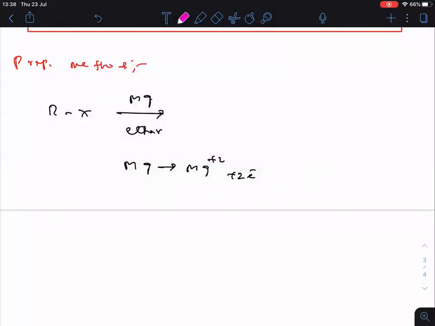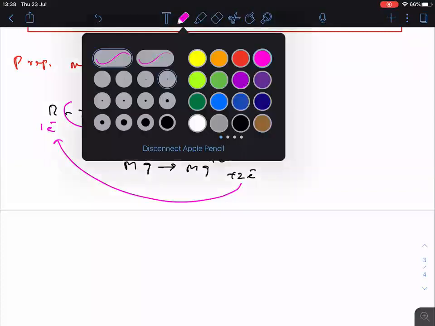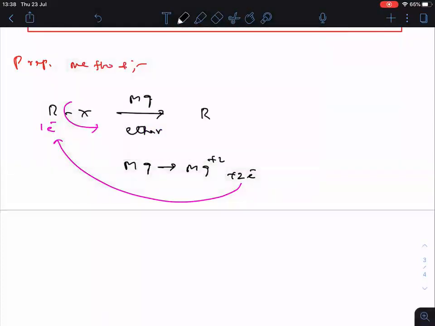Now, see clearly here. In R and X, X is more electronegative, so it will depart in the form of X minus. Try to understand here: R is losing 1 electron, but gaining 2 electrons from the magnesium. Therefore, R will get the negative charge.